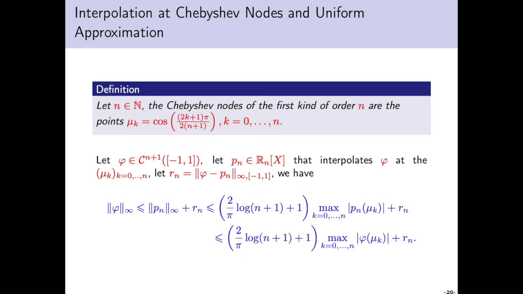Okay, but Pn of mu k is exactly f of mu k. Okay, so here, which information does it give you? If you want to show that a function is small, it's sufficient to show that you have a small approximation error and f is small at the Chebyshev nodes.